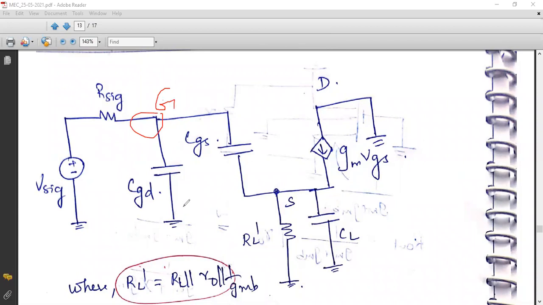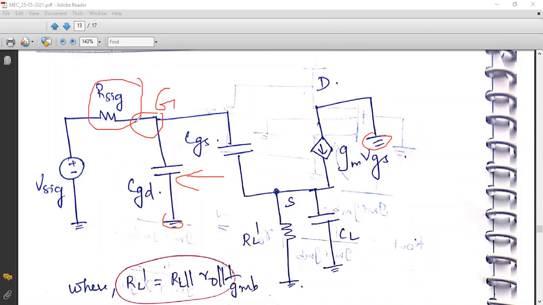CGD is connected between gate and ground. Before it was here only, but since this is ground, this is also ground, I have connected it here. So CGD is connected between gate and ground. Now, if you look into this terminal, which resistance are you seeing?